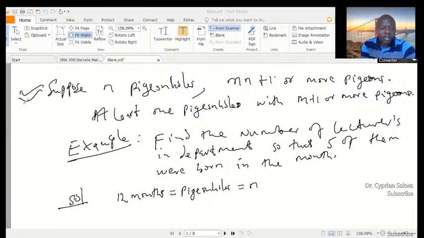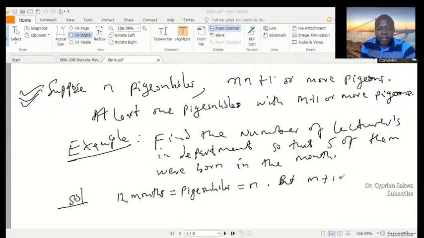Using the generalized pigeonhole principle, we know that at least one of these pigeonholes has m plus 1 pigeons.